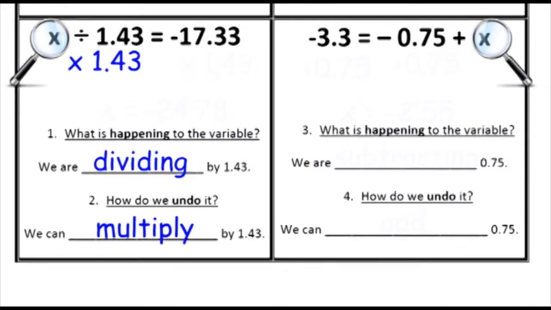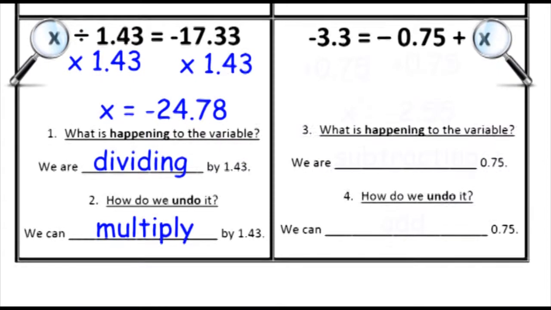When we combine multiplication and division like that, we get our identity of 1. Same thing as saying 1.43 divided by 1.43, or if I'm dividing by 1.43, I can think of that as the inverse, a fraction of 1 over 1.43, times 1.43 equals 1. So I'm going to multiply both sides by 1.43. X equals negative 24.78. Again, this is a calculator moment.